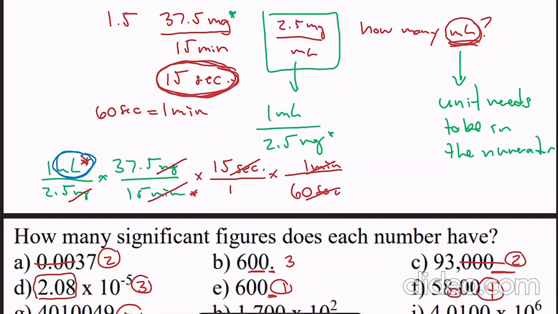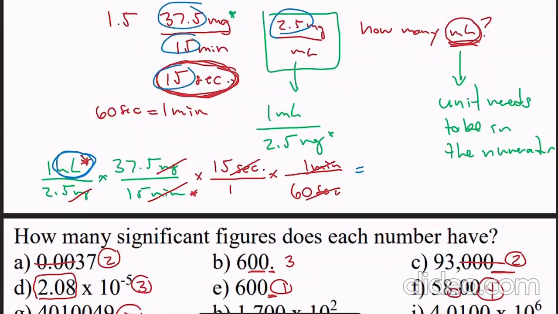So I got 1 times 37.5 times 15, divide by 2.5, divide by 15, divide by 60. Let's see, 2 significant figures, 2 significant figures, 2 significant figures, 2 significant figures.